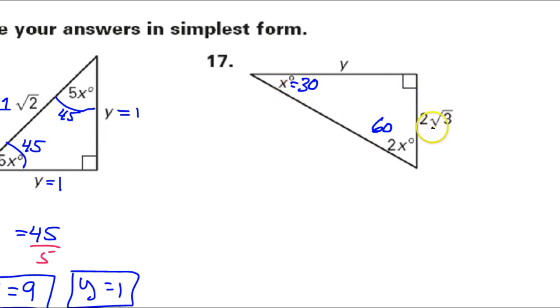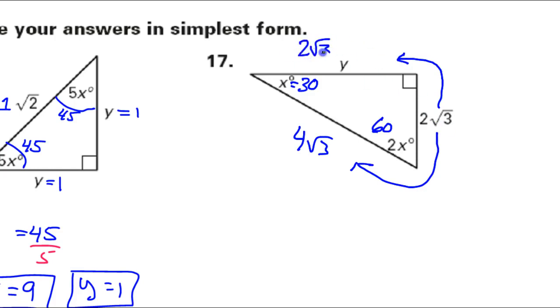That makes this the short leg. Remember, if I have the short leg, I can double it to get the hypotenuse. That would be 4 radical 3, which we didn't need, but whatever. But if we take the short leg and multiply it by radical 3, that will give us the long leg. So I start with the short leg, 2 radical 3, and multiply that by an additional radical 3.